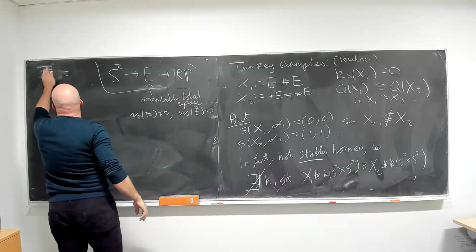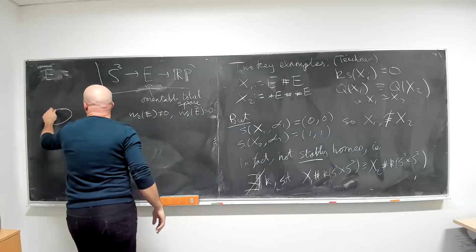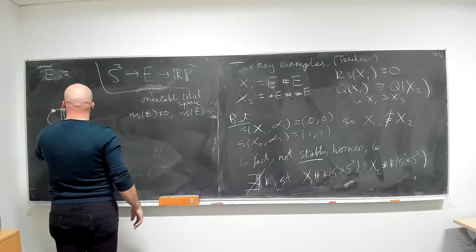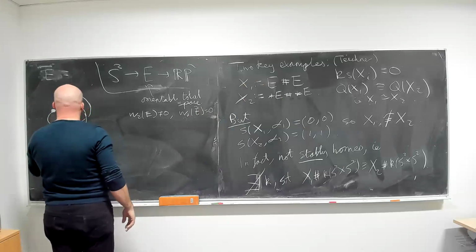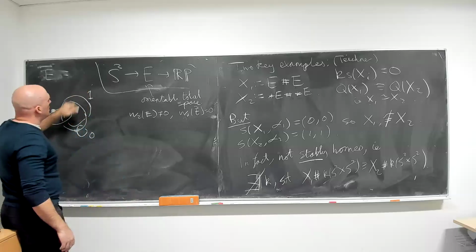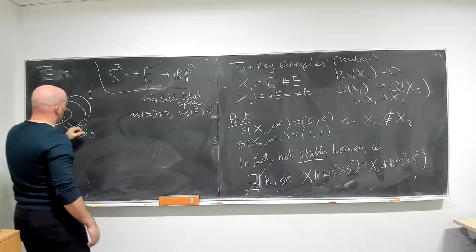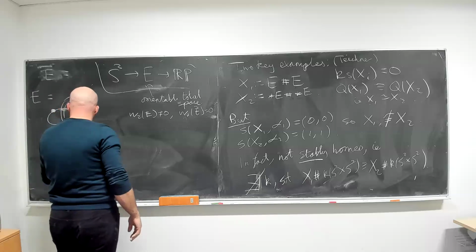It's famous because there's a picture of it in Gompf and Stipsicz. So it looks like this. I draw this, and then this has a little circle around it, and that gets framing 1, union a 3-handle, union a 4-handle.